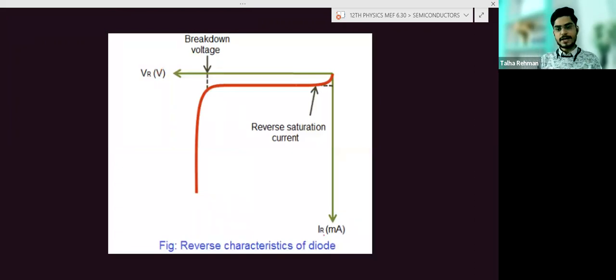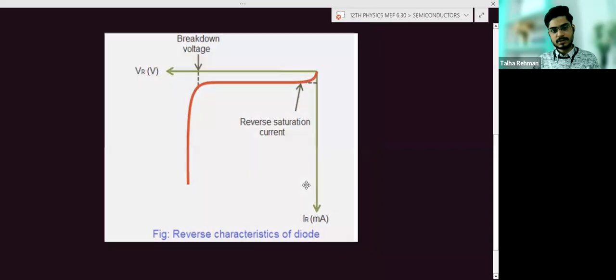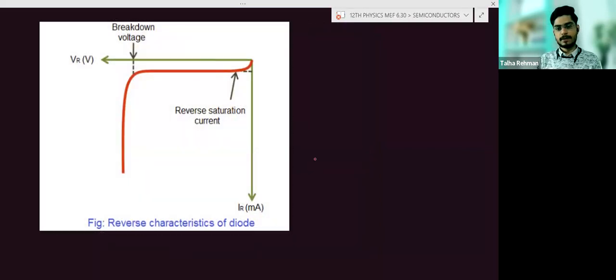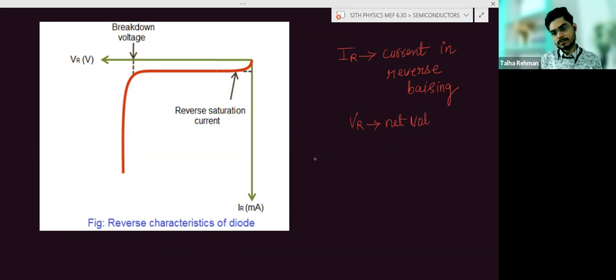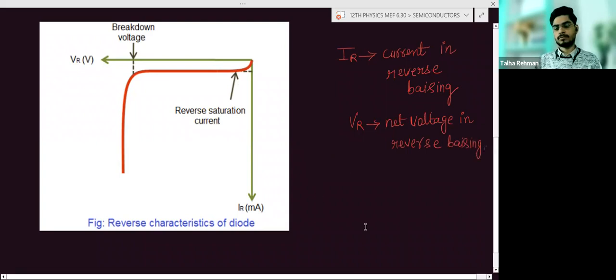IR means the current in reverse biasing, the reverse current, and VR means the net voltage in reverse biasing. So basically this type of graph you will get.